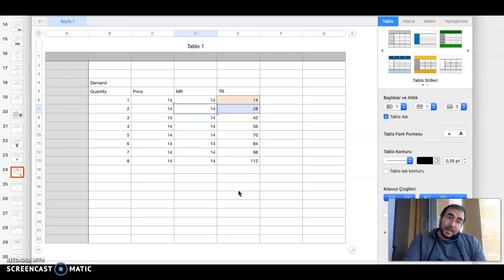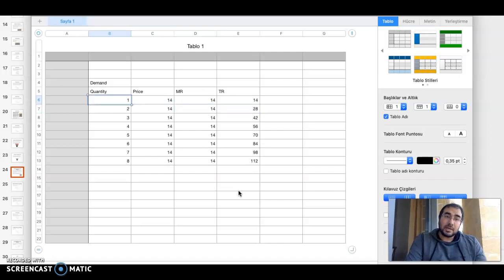When price is the same, marginal revenue is always the same for every quantity, and it is equal to price. Why is this so? Remember that marginal revenue is the additional revenue brought by selling another unit.